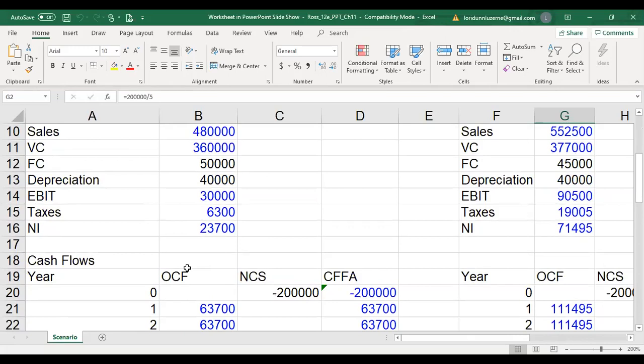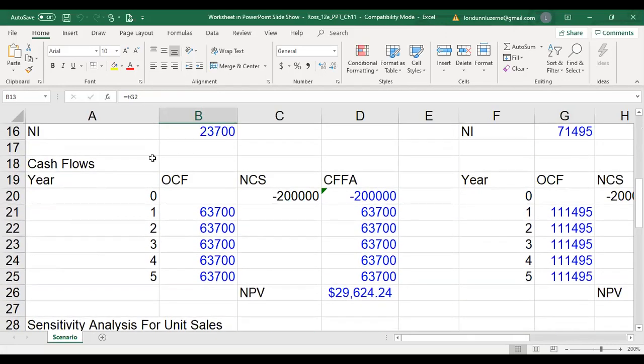When we're calculating net present value, what you need to remember is we are calculating present value of operating cash flows. So to determine operating cash flows, we're going to take our net income plus our 40,000 in depreciation. So under our base scenario, the cash flows would be 63,700.